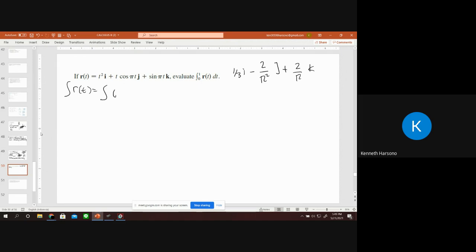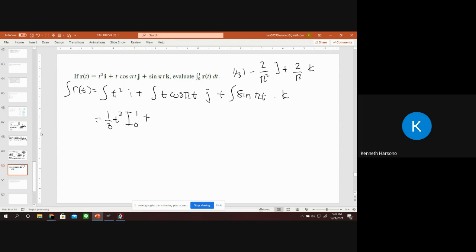So integration of t squared i plus integration of t cos pi t j plus sine pi t integration k. Okay, so just integrate this one, 1 over 3 t to the power of 3 from 0 to 1, plus the integration of this one.